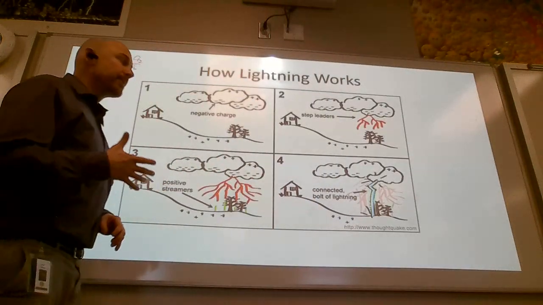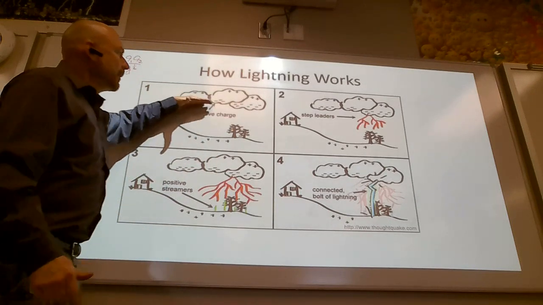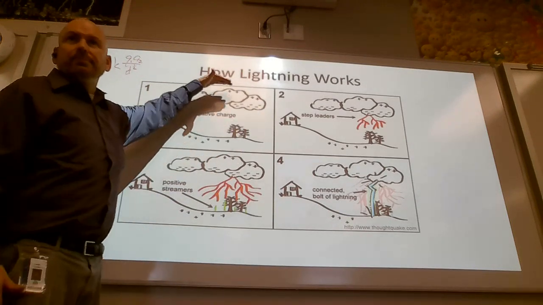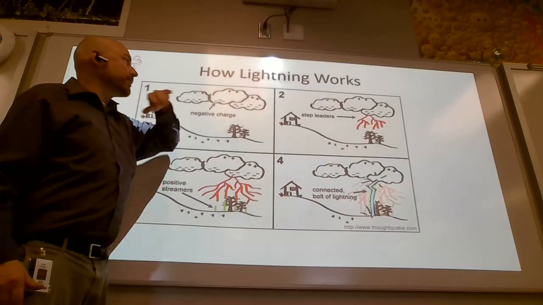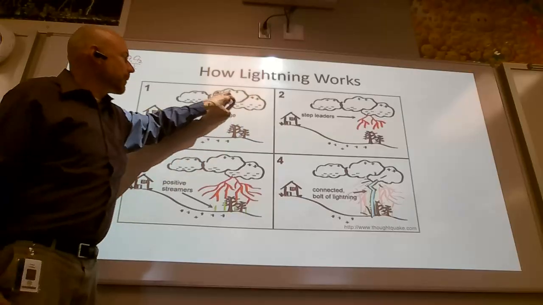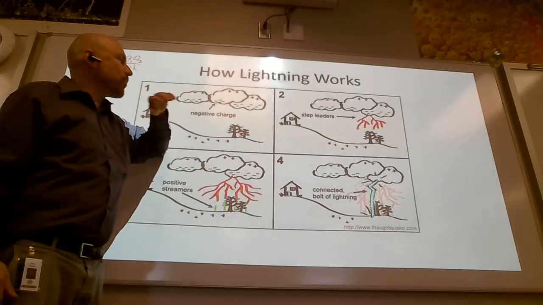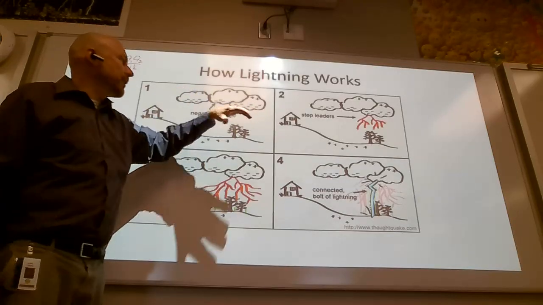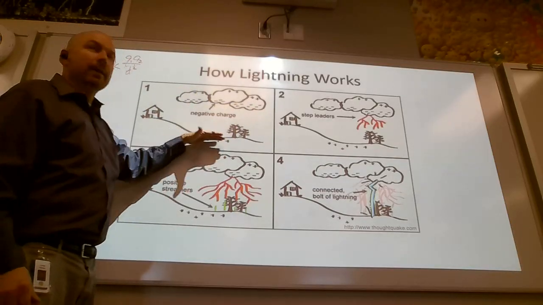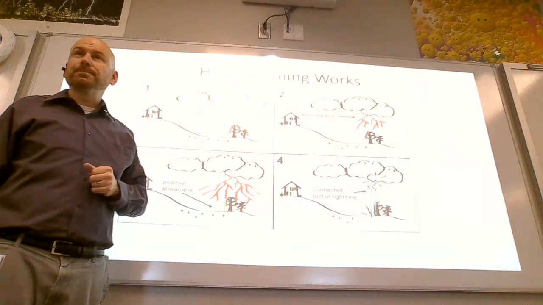The majority of the time, the electrons go near the bottom side of the cloud. Positively charged things stay on top. Because of this collection of negatively charged particles on the bottom side of the cloud, that chases away electrons in the ground. Are we good so far?